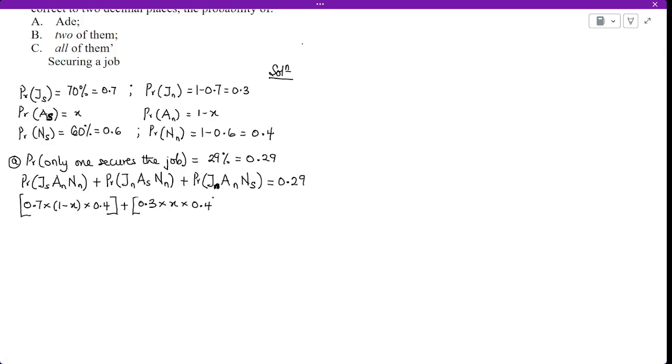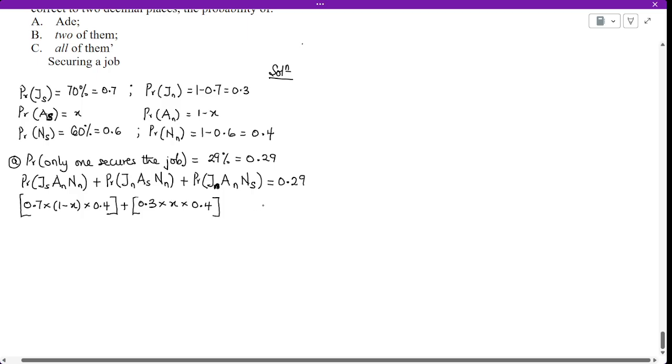This is our second possibility. Then the last possibility, John not securing the job is 0.3, Ade not securing the job is 1 minus X, and Ngozi securing the job is 0.6.